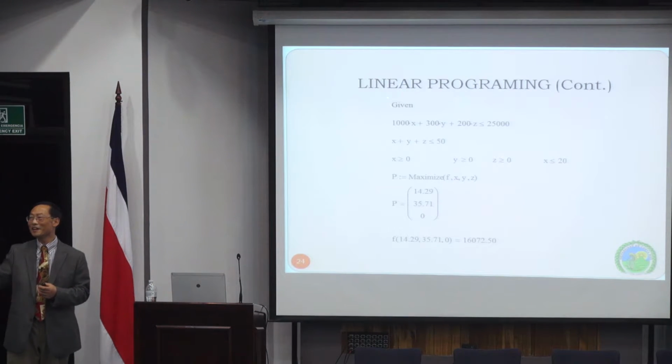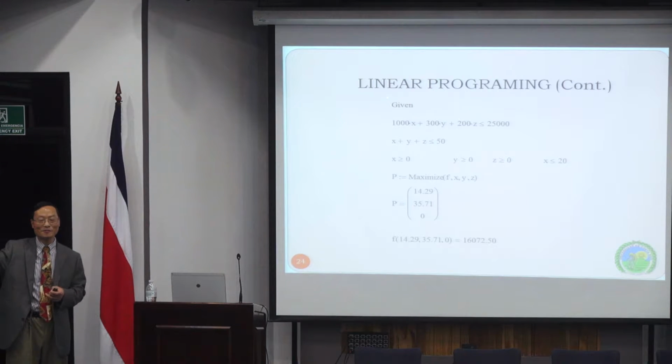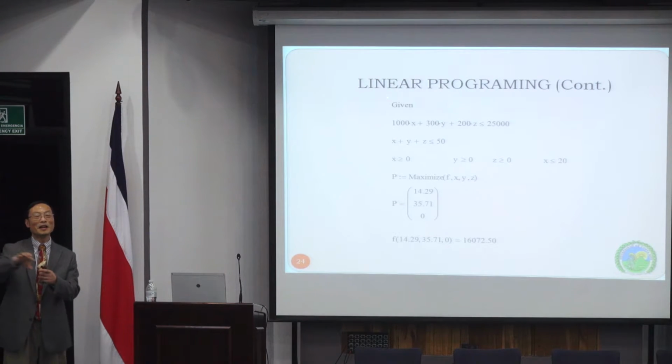If you have only x, like for example the first one we discussed, you could have y, but y is equal to 100 minus 2x. So in other words, all you have is x, so that you have x times (100 minus 2x) equals f. You have only one x.